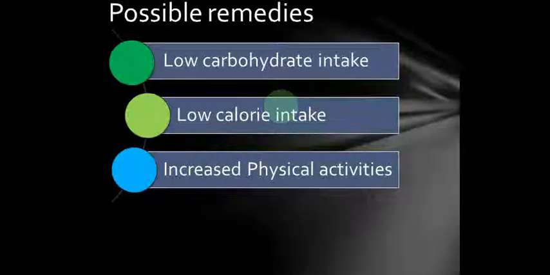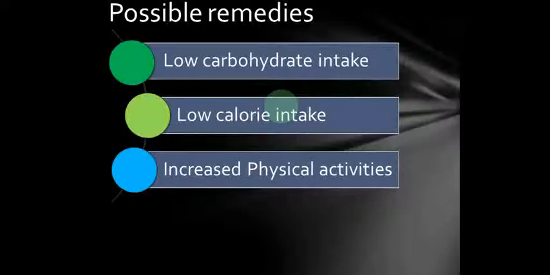Well, apart from that, there are lots of remedies and lots of things that can be done to get you in shape, and probably you can do a lot of things to lose weight. But three of the major things that you can do at this moment are low carbohydrate intake, low calorie intake, and increased physical activity.